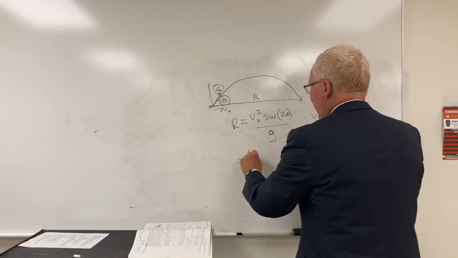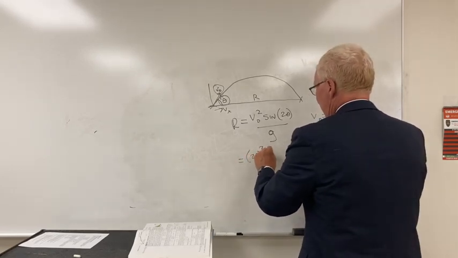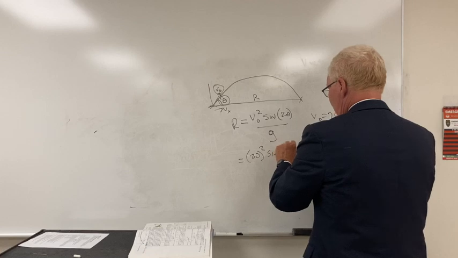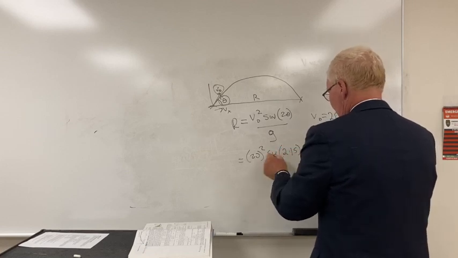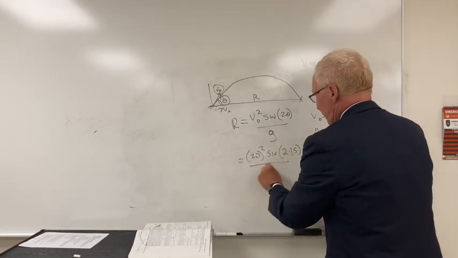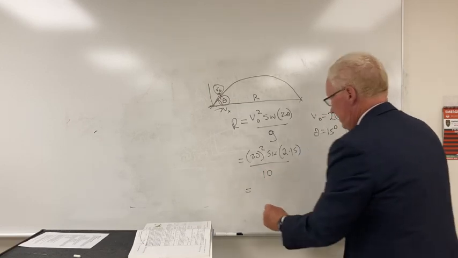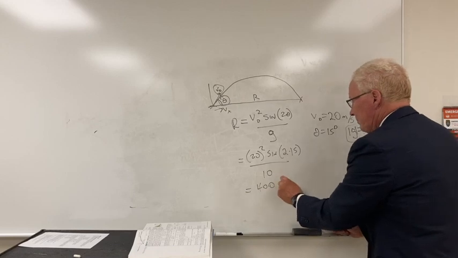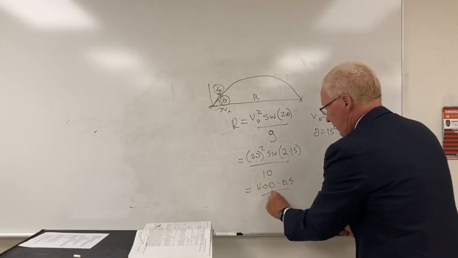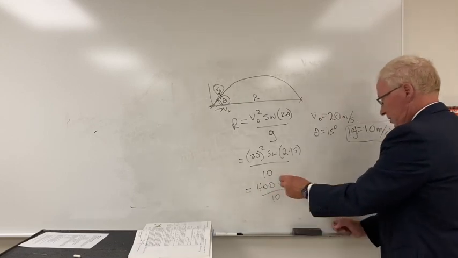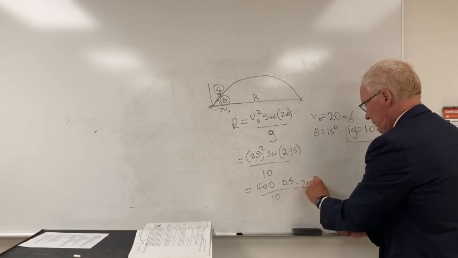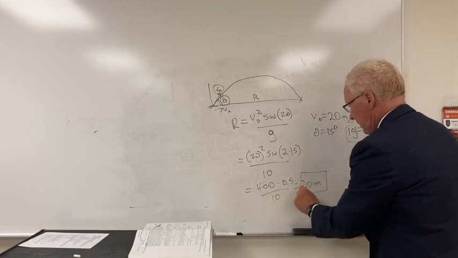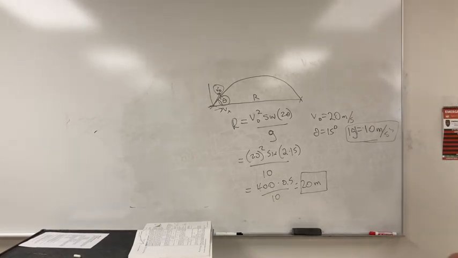That'd be 20 squared times the sine of 2 times 15, which is 30, over 10, which is 400 times sine of 30, which is 0.5, divided by 10. So that'd be 200 over 10, which is 20 meters.